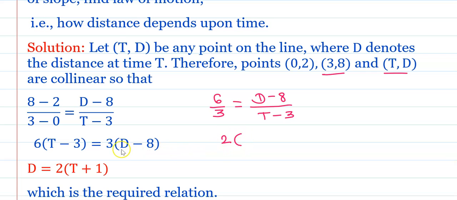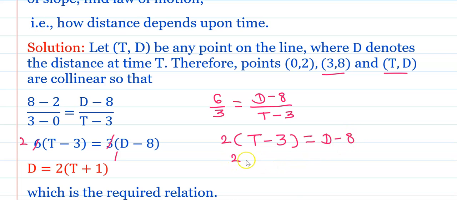2 in bracket, this is 3 ones are 3 and 3 twos are 6, that is 2 in bracket t minus 3 equals d minus 8. After simplification, 2t minus 6 is equal to d minus 8.